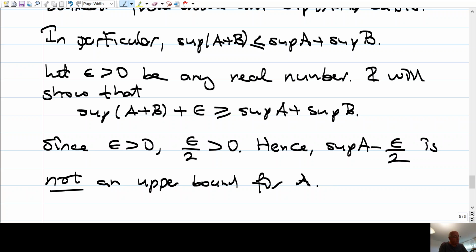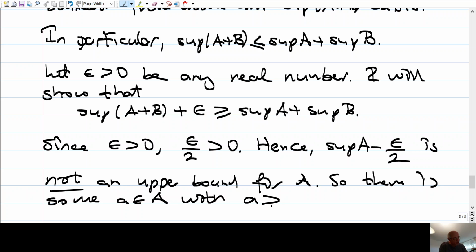There is some element in A which is larger than this element. So there is some a in A with a larger than supremum of A minus epsilon over 2.